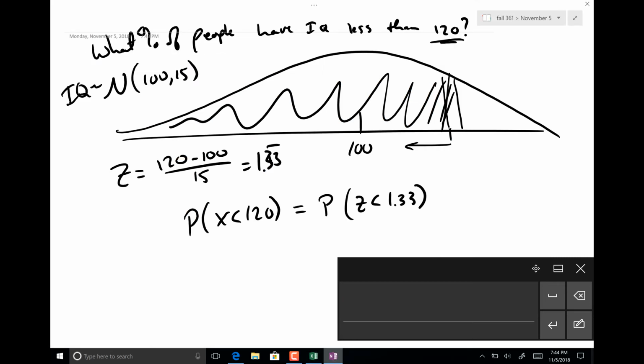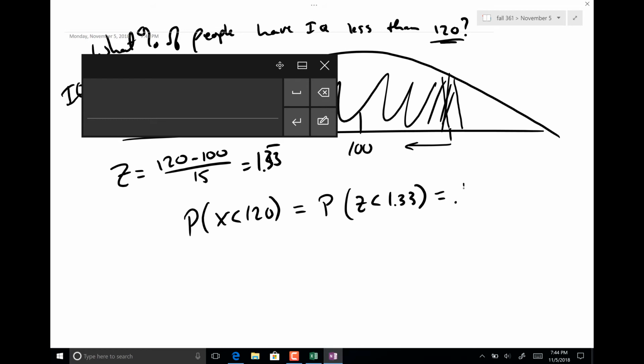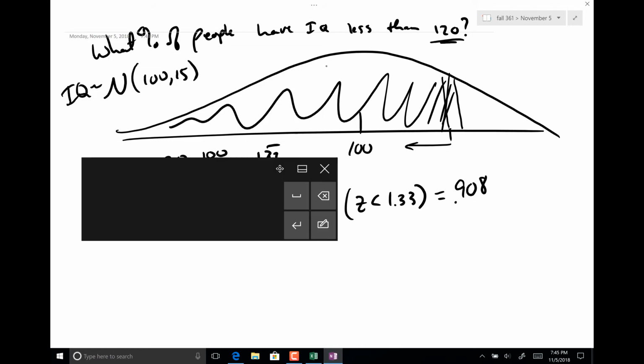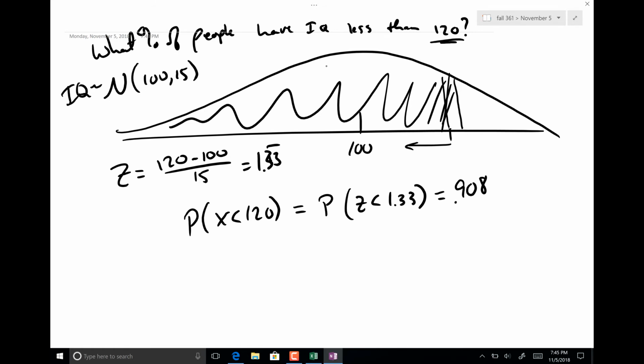It's kind of an interesting deal. So 0.908, that's it. On that problem, it's just straight less than or straight greater than, whatever. You just have to do one answer and you're finished. Clearly that means 0.092 of the population are greater than 120.